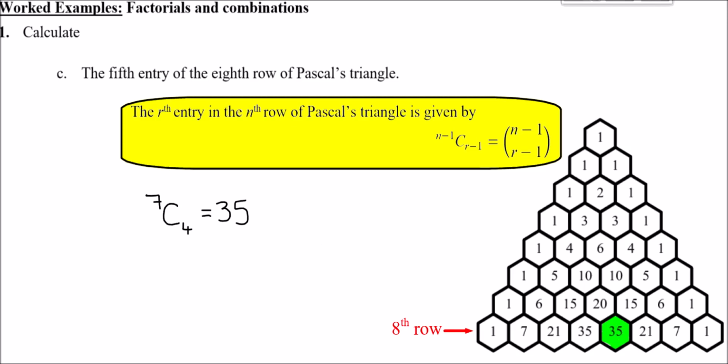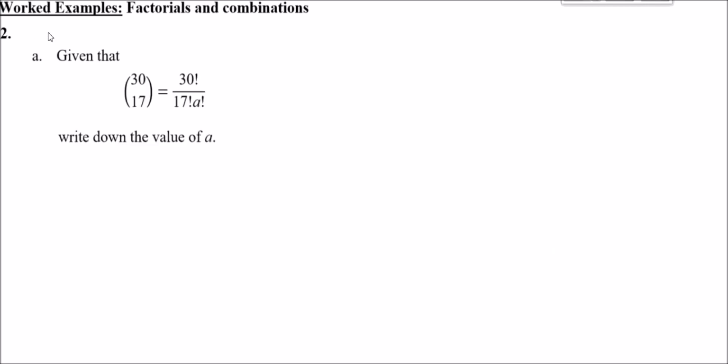So moving on. Question 2 of the worked examples. Given that 30 choose 17 equals 30 factorial over 17 factorial times a factorial, we're asked to work out the value of a. For this one, we need to remember how we defined the factorial and the combinations.